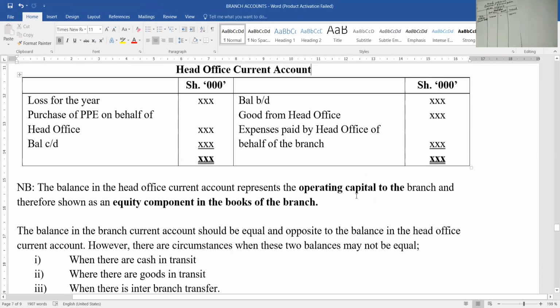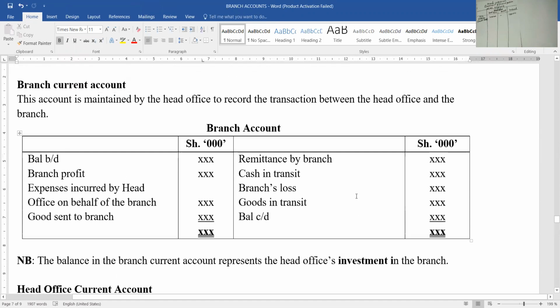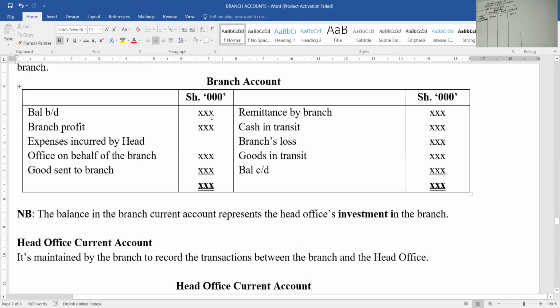We said here, this account is maintained by the head office to record transactions between the head office and the branch. So this is the relevant account. That one I will prepare later. So what I was mentioning is this NB. The balance in the branch current account represents head office investment in the branch.